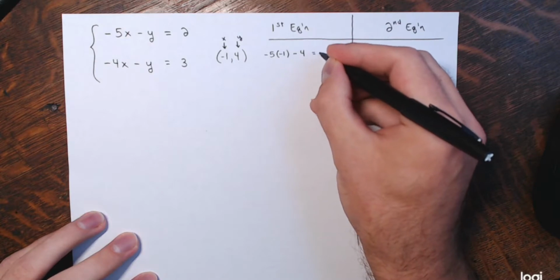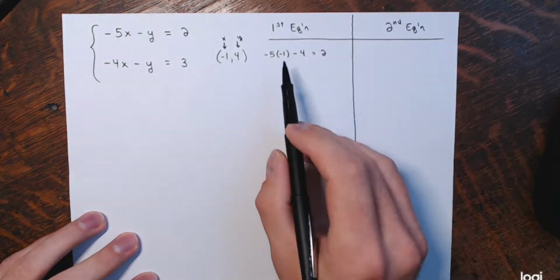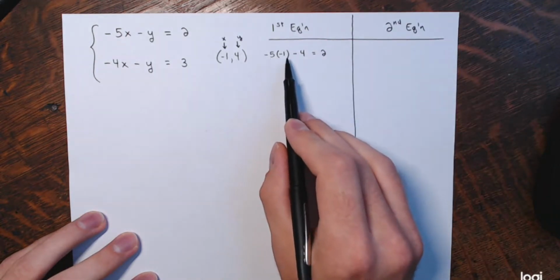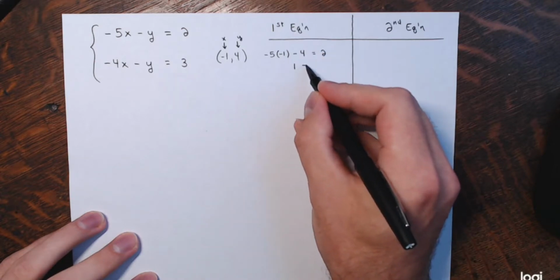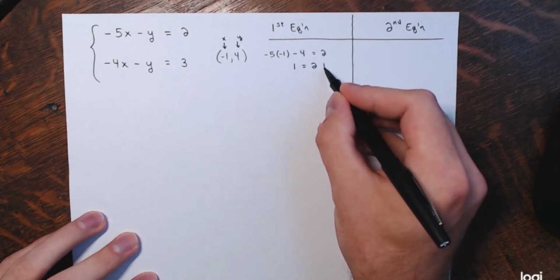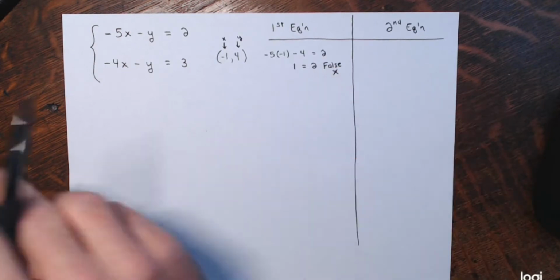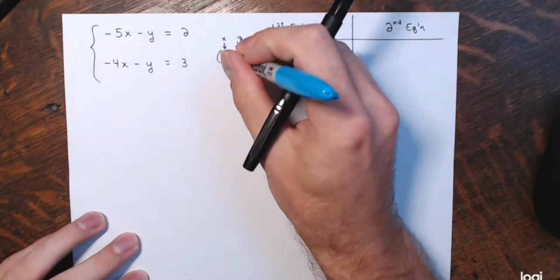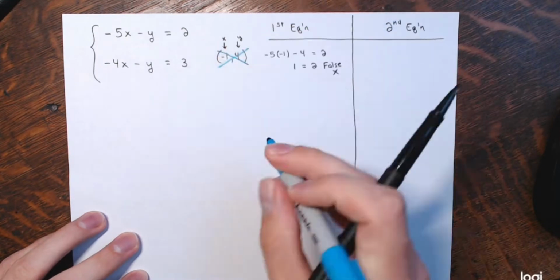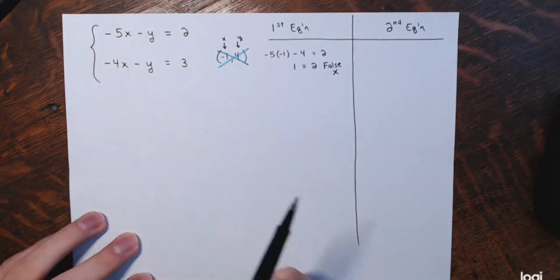And is this equal to 2? Well, the left side would just be 5 minus 4, which is 1. 1 equals 2 is false. So this ordered pair, negative 1, 4, I'm going to get rid of that. That's not a solution of this system.